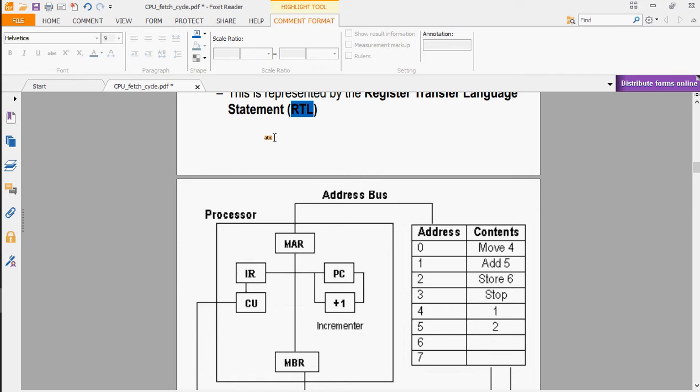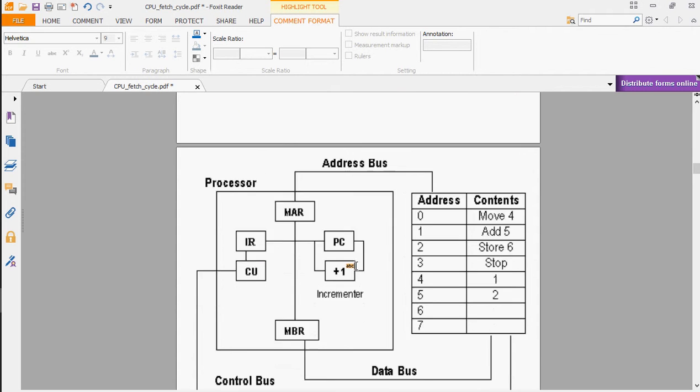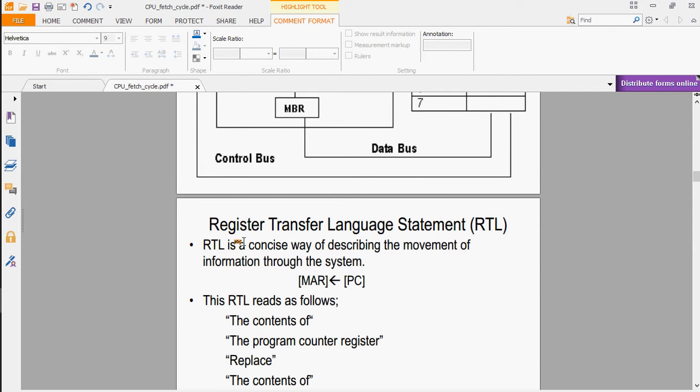So this is the address. Register transfer language is a concise way of describing the movement of information through the system. So from the PC to the memory address register.